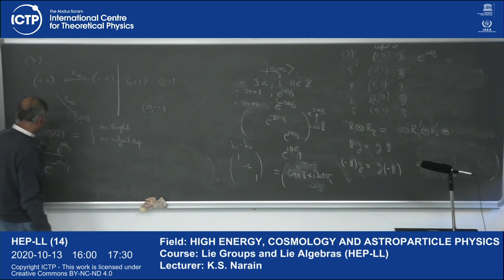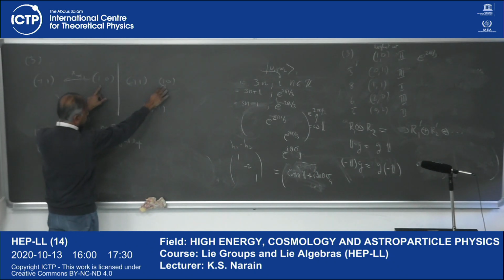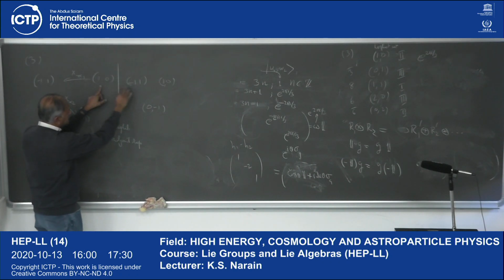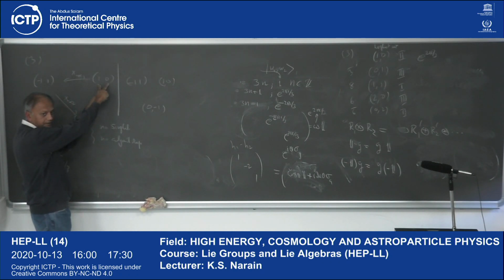For example, the first one gives you this, the second one gives you that. That's one possibility. Or I keep the first one the same, and for the second one I take this one, or this one. So that way I get 3 states just from here.